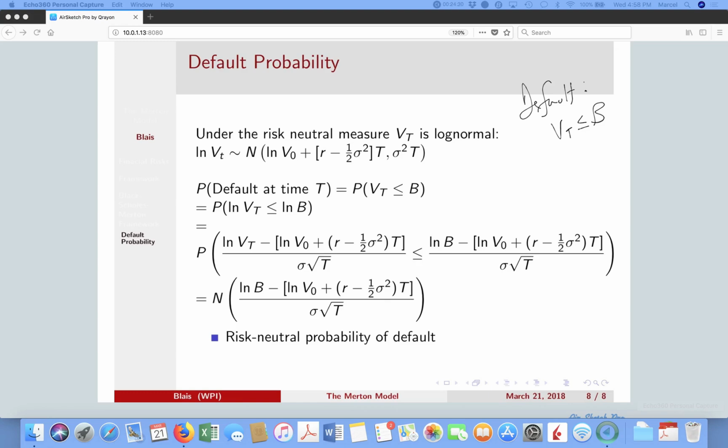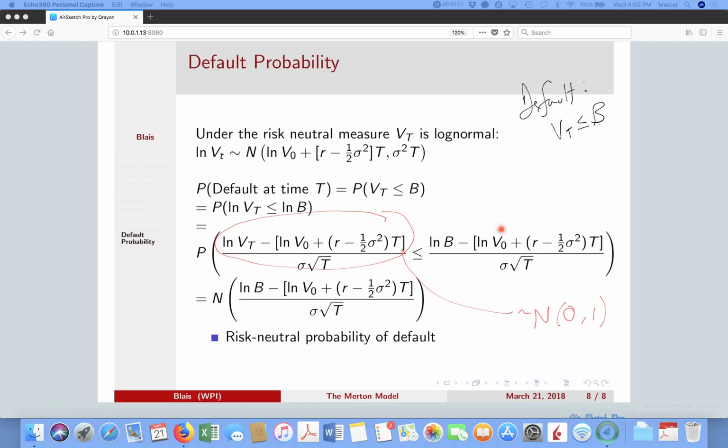So by doing so, by z-scoring, this here will be a standard normal. So by subtracting its mean and dividing by its standard deviation, we've transformed it into a standard normal random variable, which means the probability that this standard normal random variable is less than or equal to this constant.